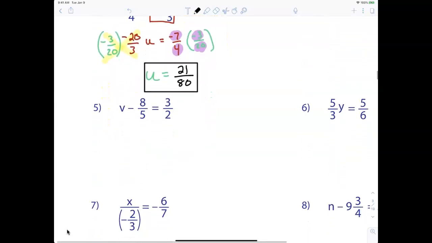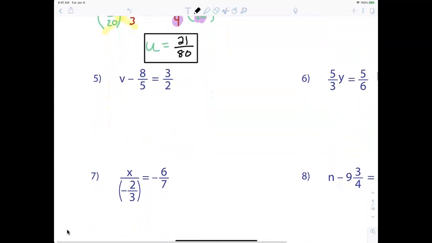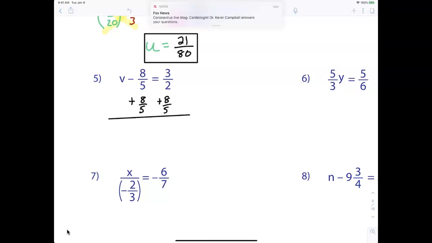All right, question number 5. For question number 5, I'm going to add 8/5 to both sides. And again, the reason why I do that is because these will cancel. So I'm left with v equals, now I get a common denominator here.